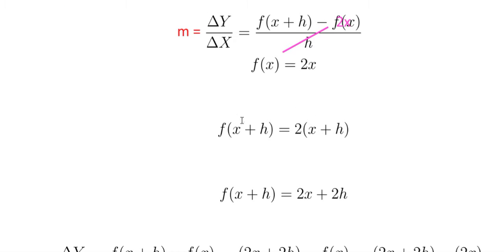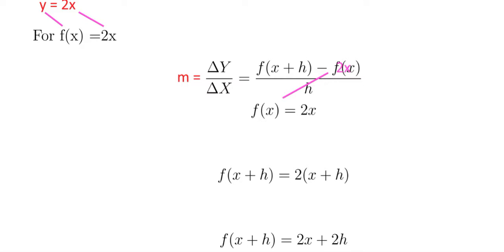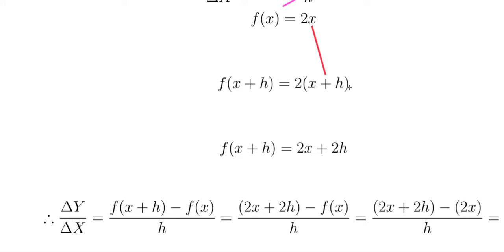Well, f(x + h) just means that instead of x, we are going to plug in x plus h. So you see here, I have x. Now I'm going to put in x plus h. Therefore, instead of 2x, I'm going to put 2 multiplied by (x + h). This can be done by doing 2 multiplied by x first, followed by 2 multiplied by h, leaving me with 2x plus 2h.